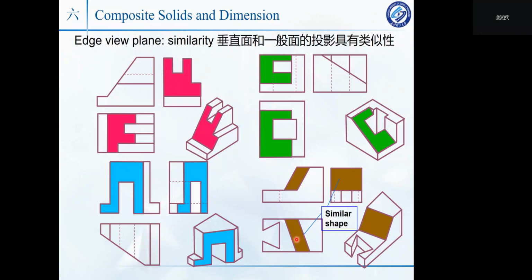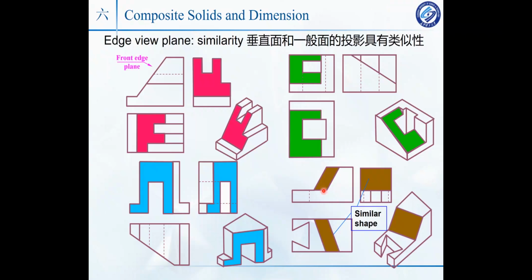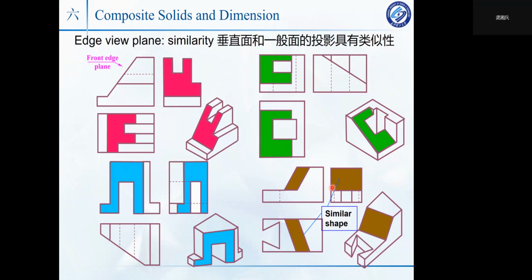No spatial plane accumulates into one line or point, so this plane is an inclined plane. The inclined plane also has similar shapes in the three projections. We call this one the front edge plane, perpendicular to the front plane.